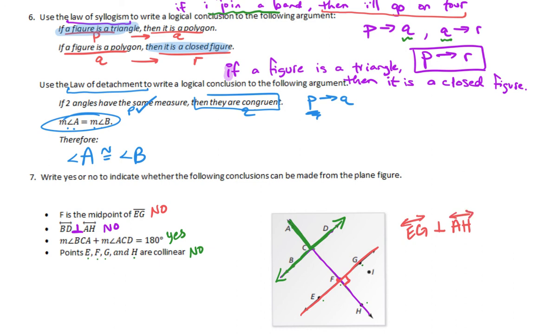We could have said that A, C, F, and H are all collinear. That would have been cool. But we couldn't say anything about the midpoints because I didn't see any of those tick marks there. If they would have shown me tick marks between EF and FG, then I could have said that F is the midpoint. But I didn't have those markings there.